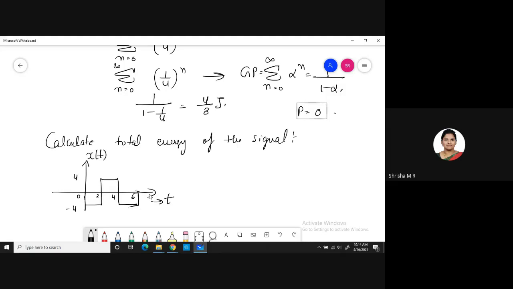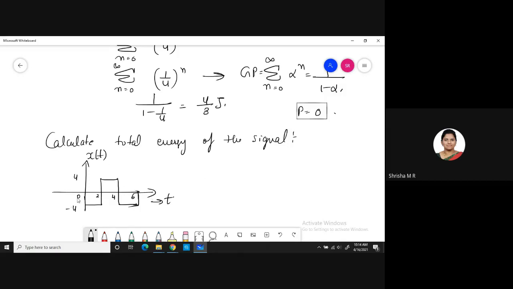Is it periodic? A signal is periodic if it repeats itself at equal intervals of time. But only this much is our signal, from 0 to 6. That's all. A signal will be periodic if it repeats itself at equal intervals of time from minus infinity to infinity.